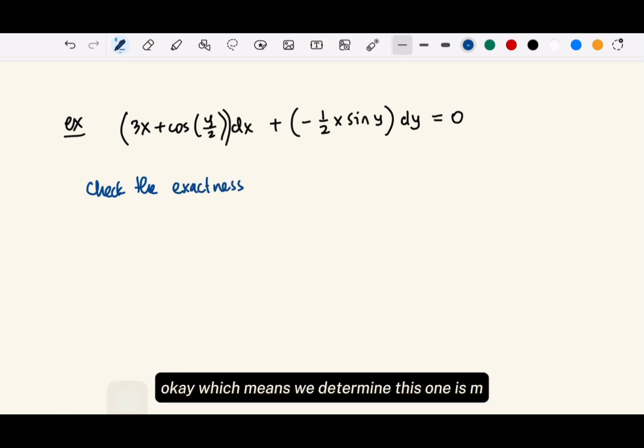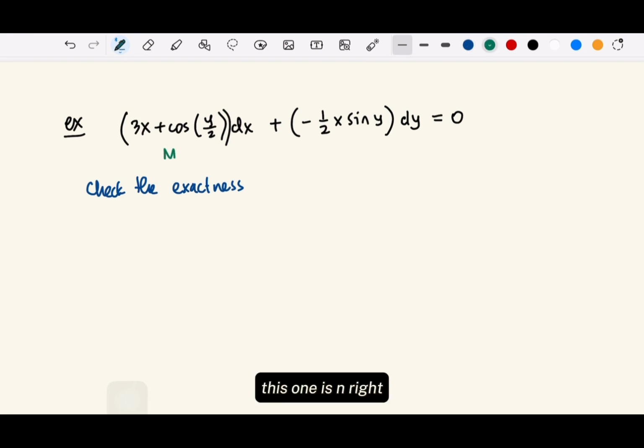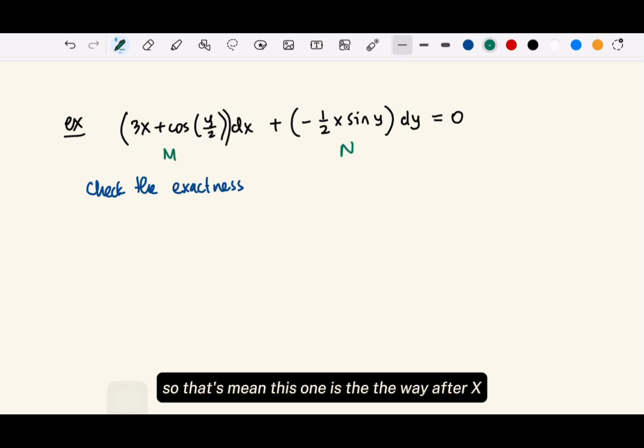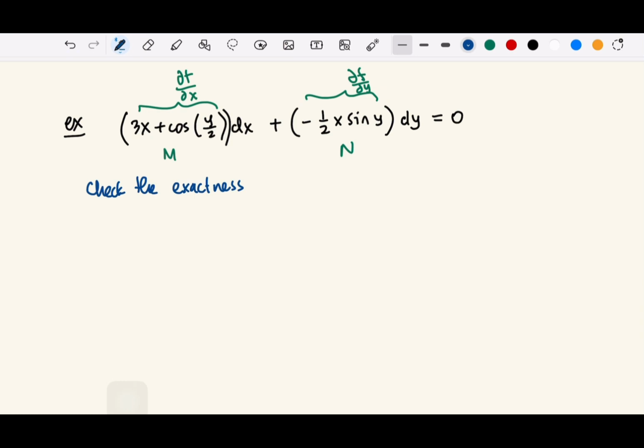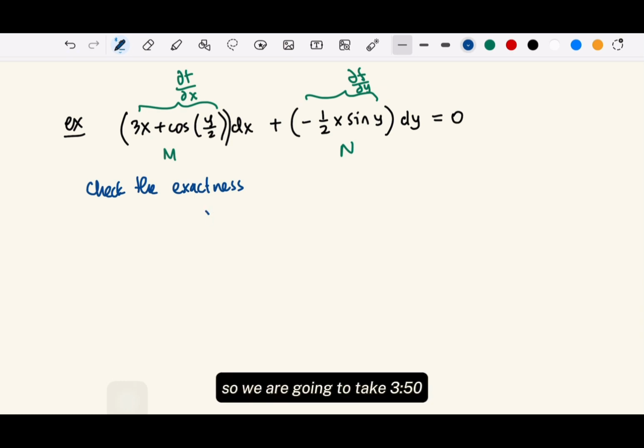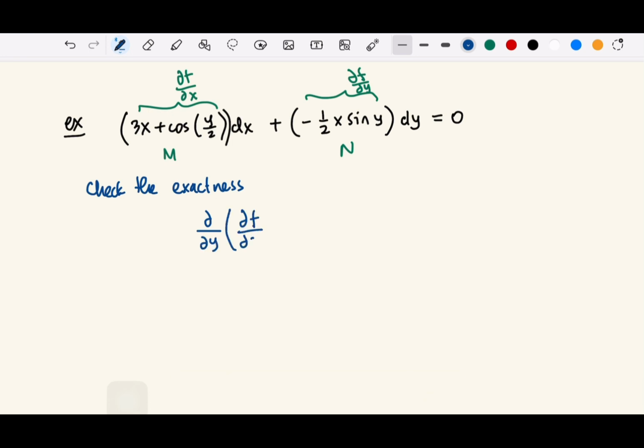Which means we determine this one is M, this one is N, right? So that means this one is the dou f dou x, this one is dou f dou y. And then check the exactness. So we are going to take the partial derivative with respect to y for M, or the dou f dou x.